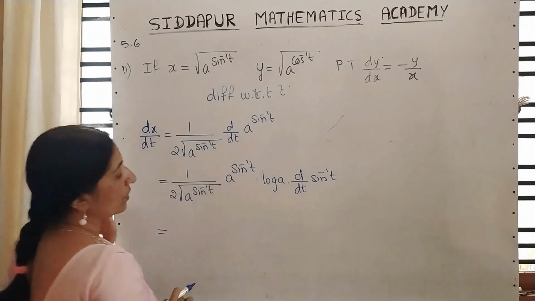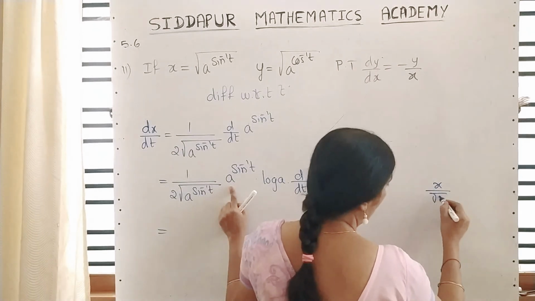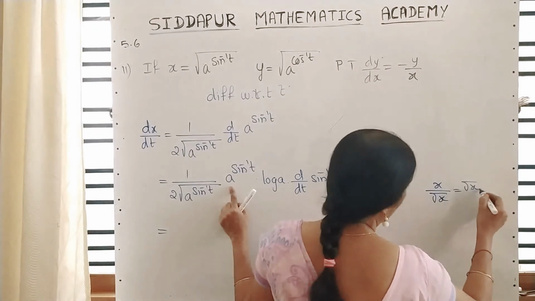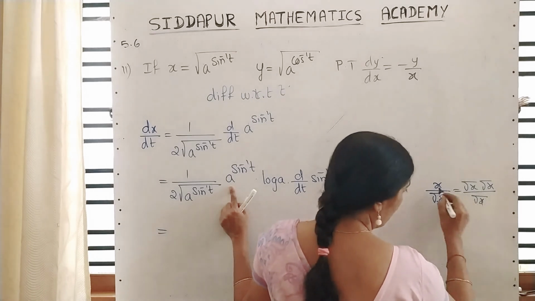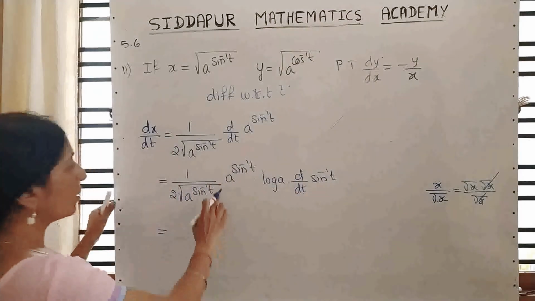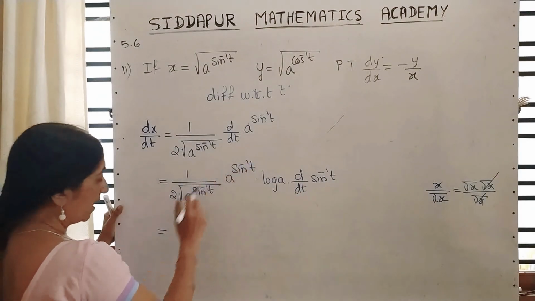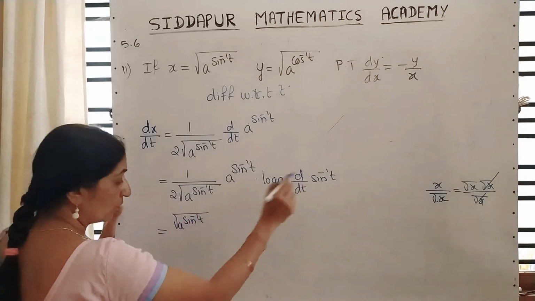Here I will do one simplification. x upon root x will be written as root x into root x upon root x. This root x I kept as it is. x is written as root x into root x. So the same concept I am applying here: a raised to sin inverse t I am writing in that way.